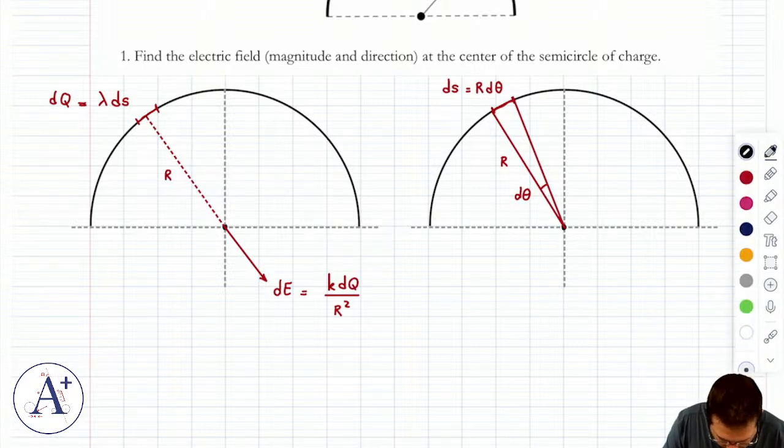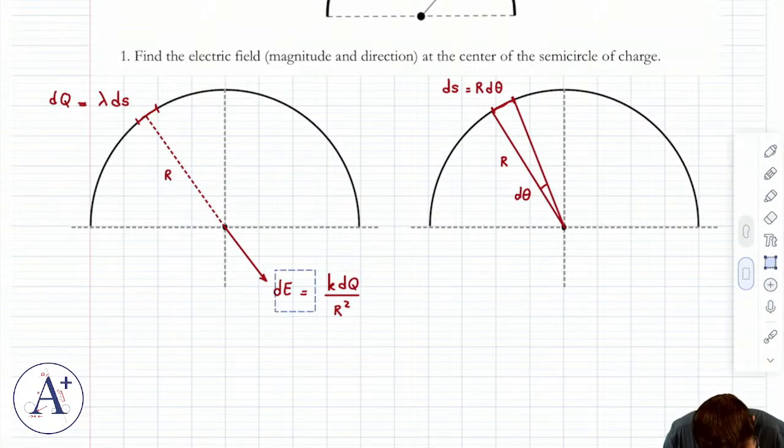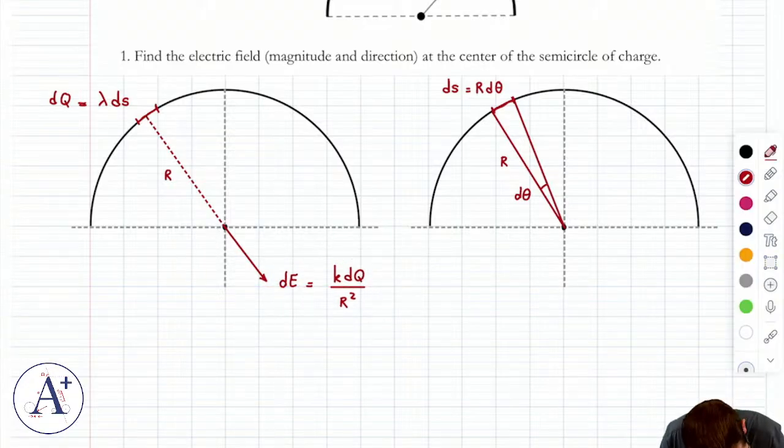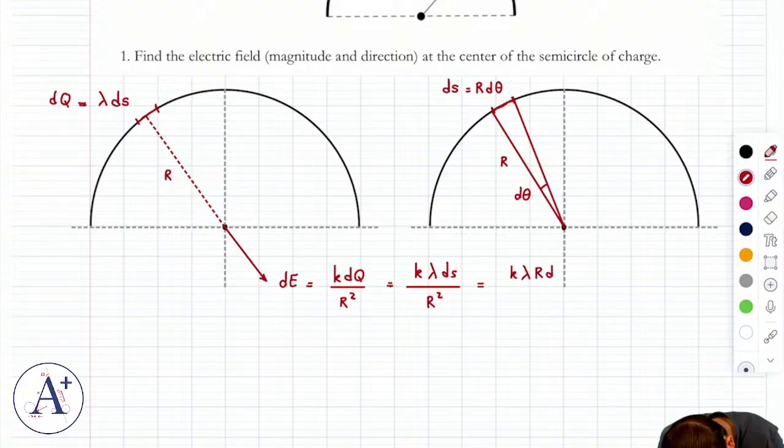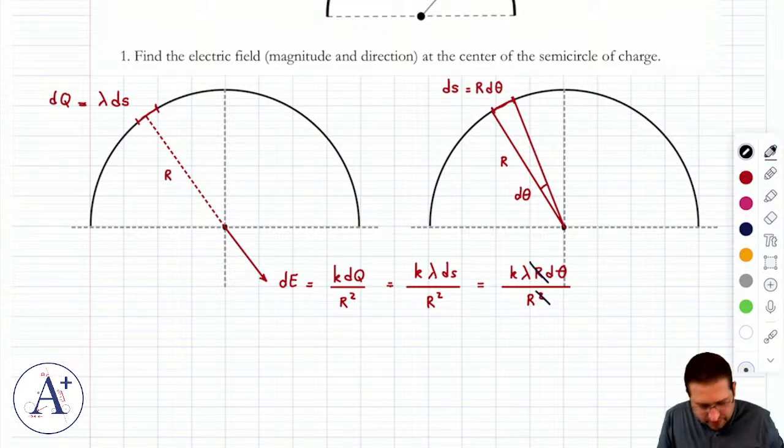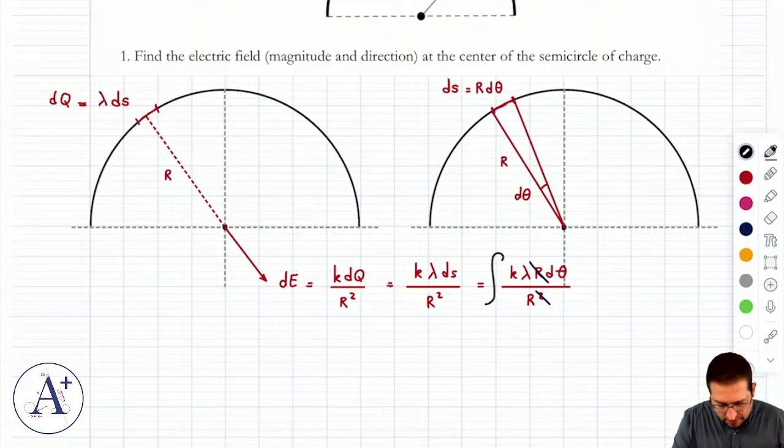And you can simplify this further. dE is k dq over r squared. Well, dq is lambda ds, so k lambda ds over r squared, and then you're going to say that this is k lambda r d theta divided by r squared. And that simplifies. You're like, oh, all I have to do is integrate d theta, and by the way, I can figure out what theta is.